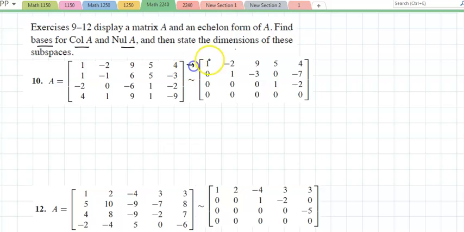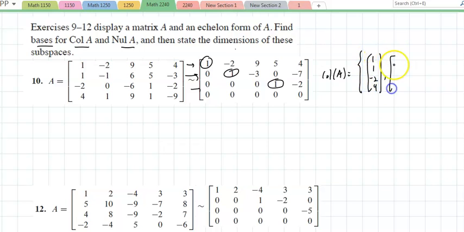Well, look at that. That's 1, that's 1, and that's 1. So we already know that the column space of A is actually defined by 1, 1, negative 2, 4, negative 2, negative 1, 0, 1, and the third one, 5, 5, 1, 1.